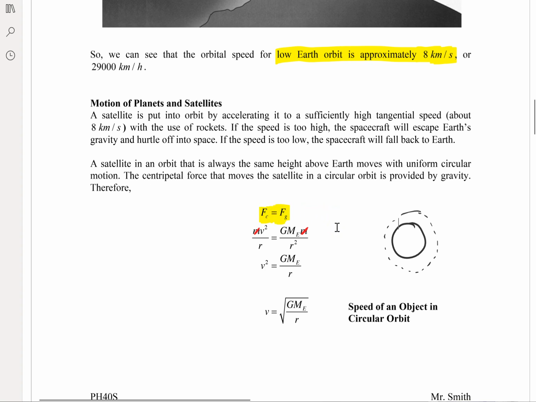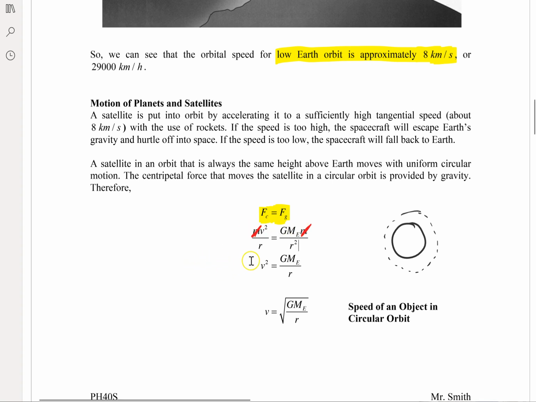And then I sub in my equations for both of those. Well, I know my centripetal force is mass times the velocity squared divided by the radius, and my gravitational force is my gravitational constant, mass of the Earth, times the mass of the object divided by the radius squared. And then I can do some canceling. Notice I have mass on both sides. So if I divide both sides by mass, those go away.